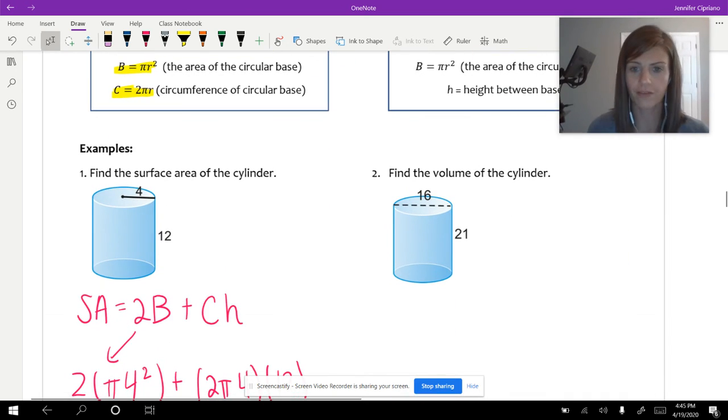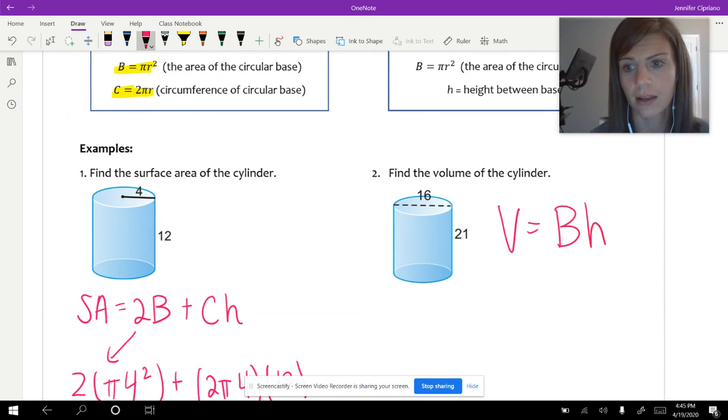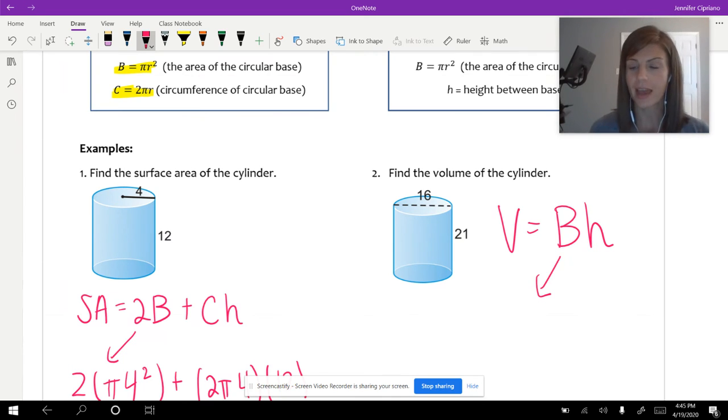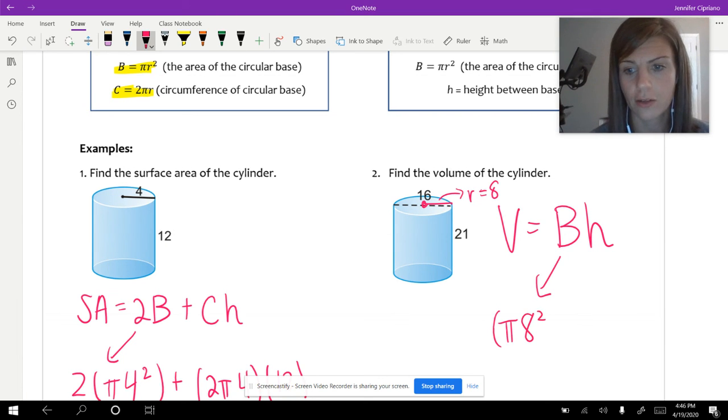So if we want to find the volume of this cylinder, volume is the area of the base times the height. In this case, the area of our base, be careful, pi r squared, we were given the diameter here. So the radius of this circle would just be 8. The area of our base here is going to be pi times 8 squared.